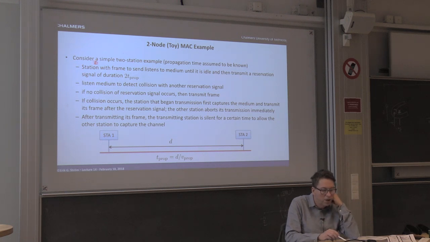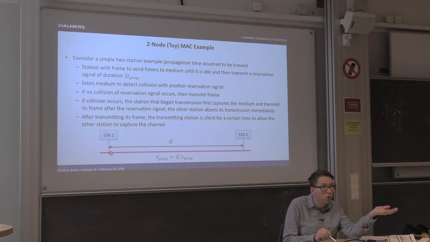But anyway, suppose station number 1 has a frame to transmit. What does it do? First of all, it listens to the medium. That is, it turns on its receiver and checks whether there is any traffic ongoing on this cable or not. It listens until the medium becomes idle, that is free. Either it's free from the beginning, or something is ongoing and it just waits until it's free.